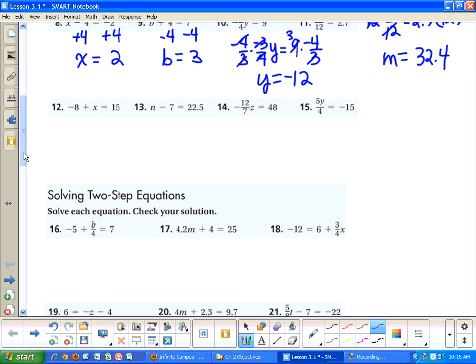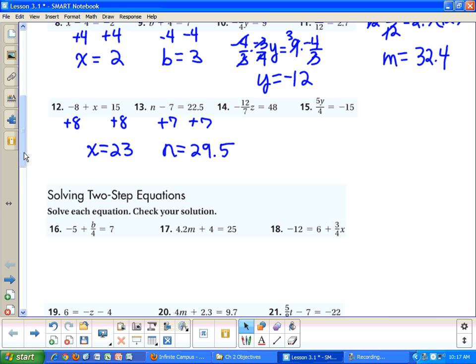For number 12, we're going to add 8 to both sides. So we get x equals 23. For 13, we're going to add 7 to both sides. So we get n equals 29.5.